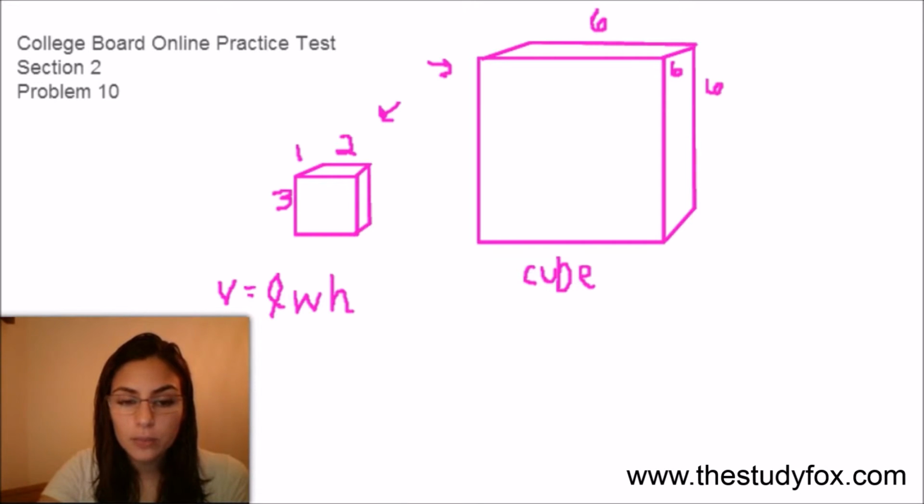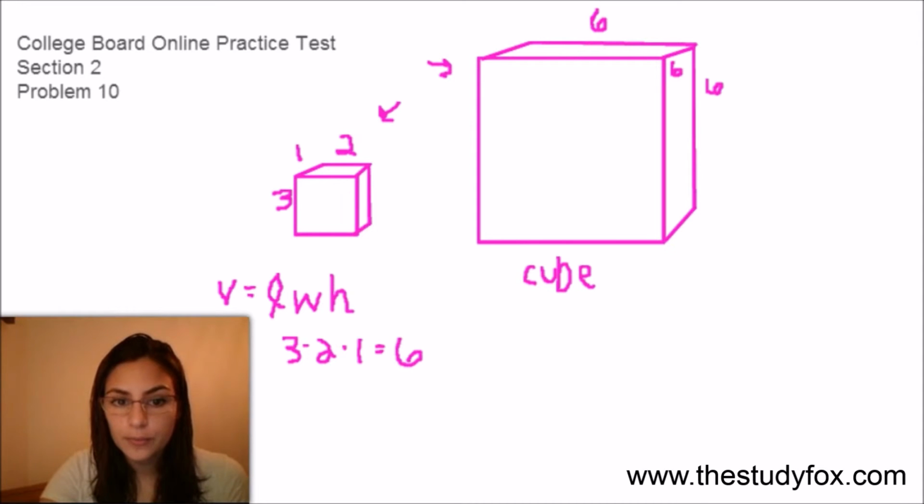Since volume is length times width times height, in the little box it's going to be 3 times 2 times 1, and that gives you a volume of 6. And volume for inches would be in inches cubed, or inches to the 3rd power. And then for the larger cube, it would be 6 times 6 times 6, which is also 6 to the 3rd power. And that gives you 216 inches cubed.